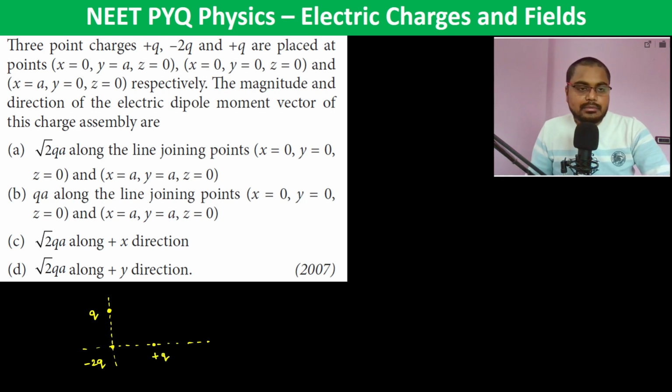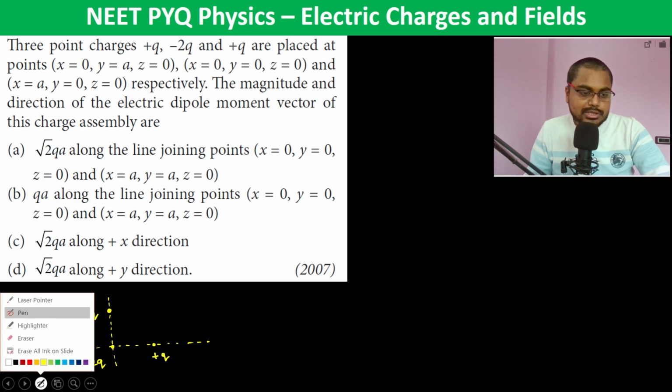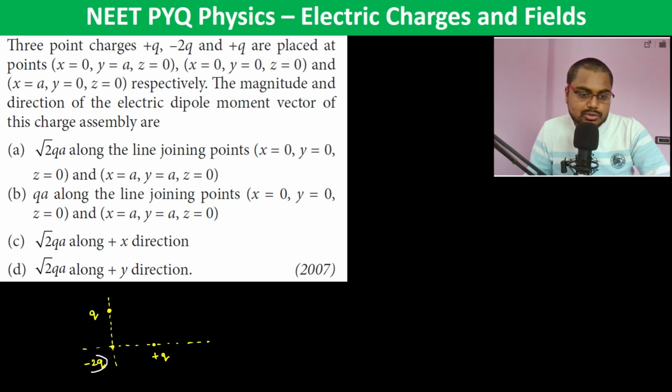Now we have to find the magnitude and direction of the electric dipole moment vector of this charge assembly. What we can do is break this minus 2Q into 2 charges, minus Q and minus Q. Now we can clearly see that for this combination, this is the dipole moment vector, and this is the electric dipole moment vector for this other combination of charge.